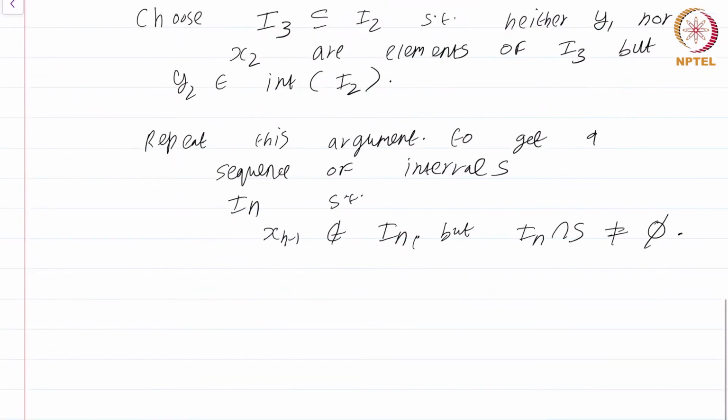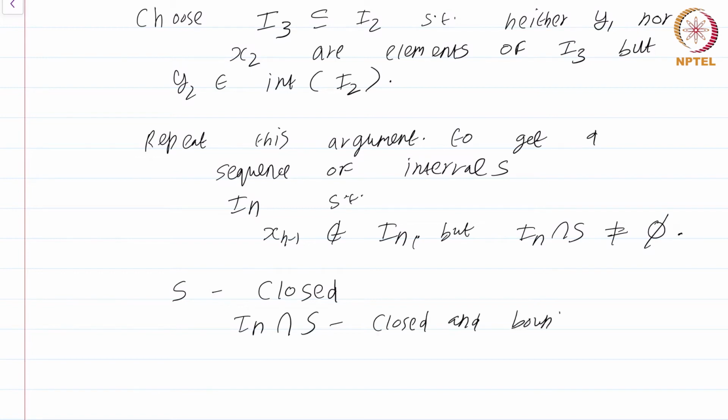Okay. Now S, if it were a perfect set, would be closed. Therefore, In intersect S will be closed and bounded, and therefore compact by the Heine-Borel theorem.